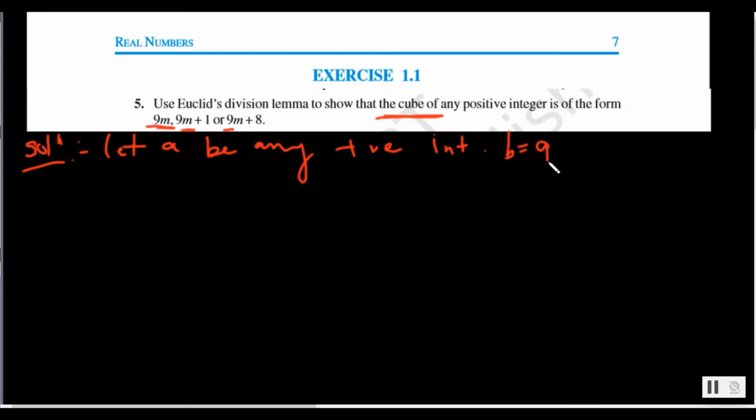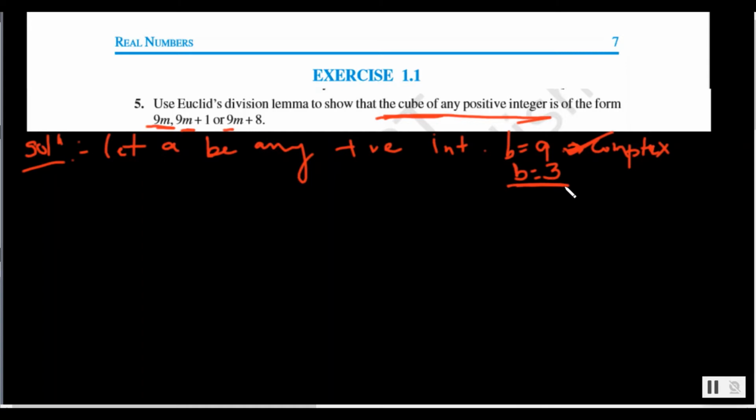But friends, this would lead to a complex calculation when it comes to cubing. So to have a brief and simple calculation, we will consider b as 3. Eventually we could consider this as 9 also, as given in the question. This is also correct, I'm not saying that it is wrong, but for the simplicity of the solution, we will consider b as 3.